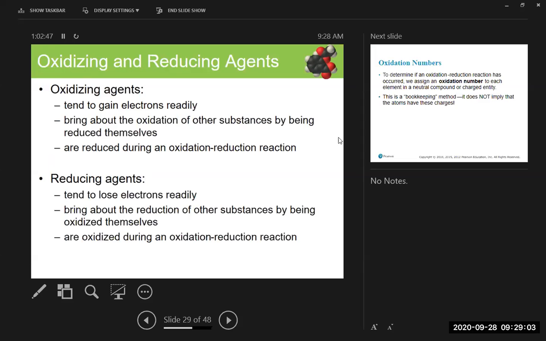An oxidizing agent helps bring about oxidation of other substances by being reduced themselves. So oxidizing agents are being reduced. Reducing agents lose electrons readily. They bring about the reduction of other substances by being oxidized themselves. There's just a little terminology here that can be confusing, so make sure you read through it and get comfortable with those terms.